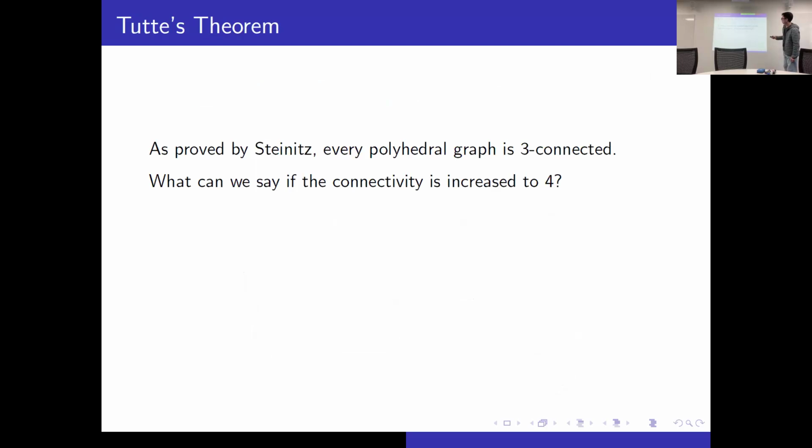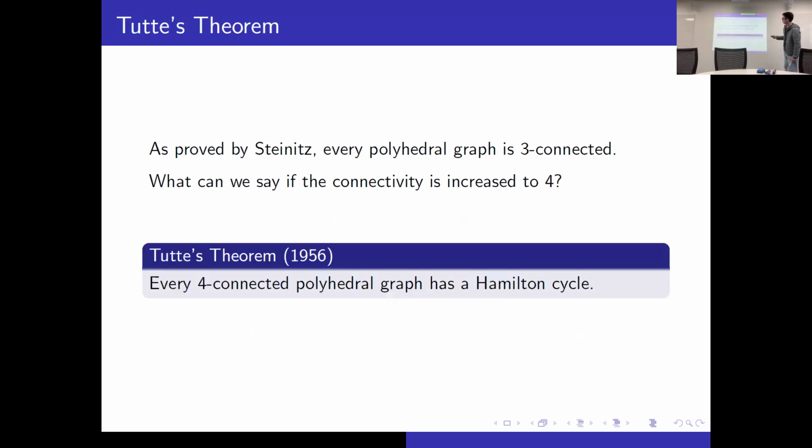So finally, let's introduce another classic result about cycles of polyhedral graphs. It is by Tutte, who has a counterexample to Tait's hypothesis, which is a negative result. And he also has a positive result.